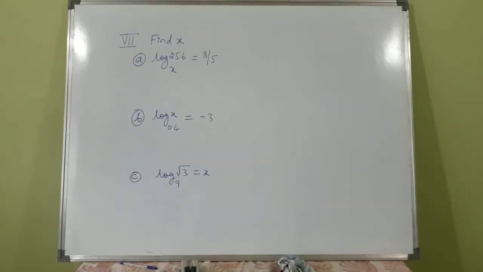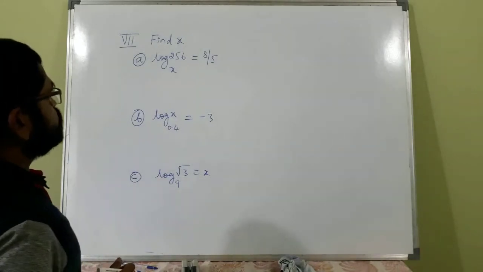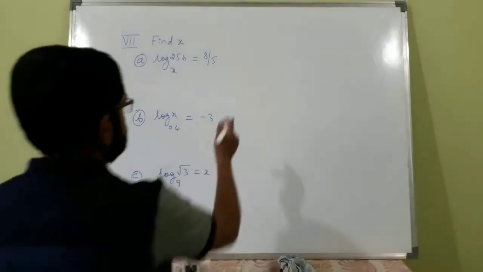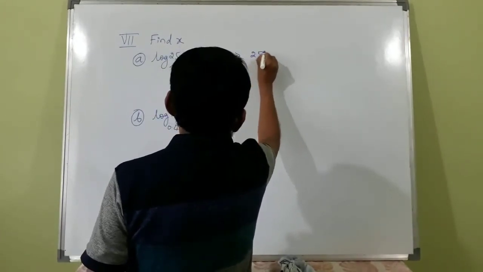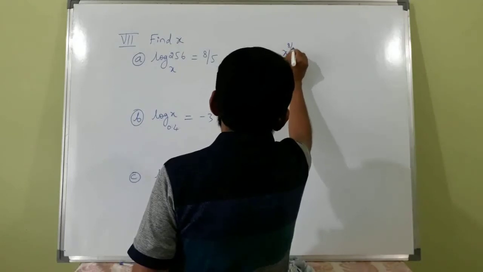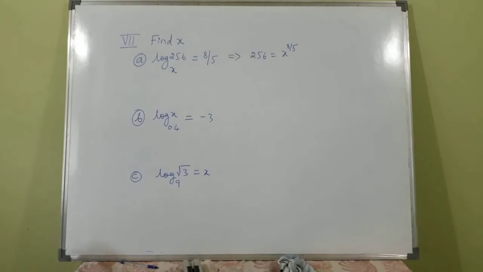So you are asked to find the value of x here. Log of 256 to the base x is equal to 8 by 5. This implies 256 is equal to x to the power 8 by 5, isn't it?